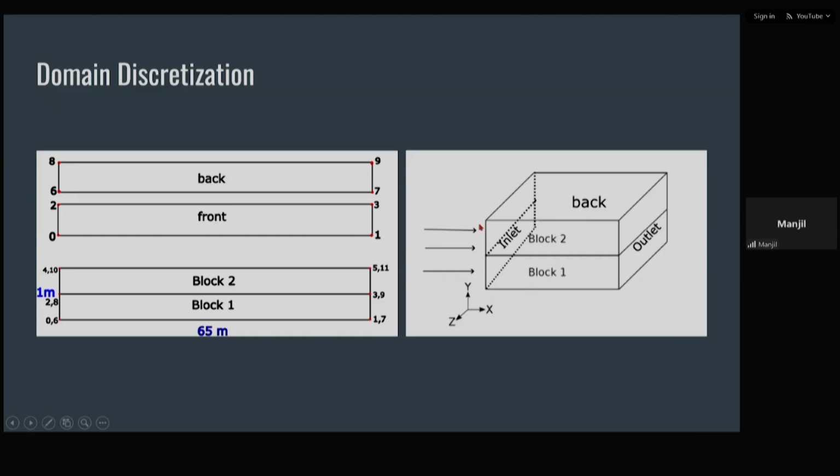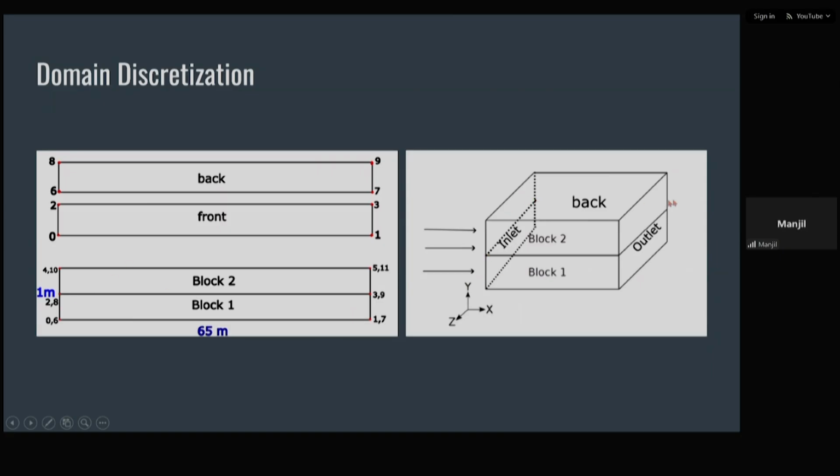Similarly, for block 2, we need this coordinate, this one, and this one in the front face, as well as 4 coordinates in the back face. Here I have written 0, 6, where 0 is at the front face and 6 is at the back face. I think you are getting this. This 1 is at the front face and 7 is at the back face, and this 2 is at the front face and 8 is at the back face.